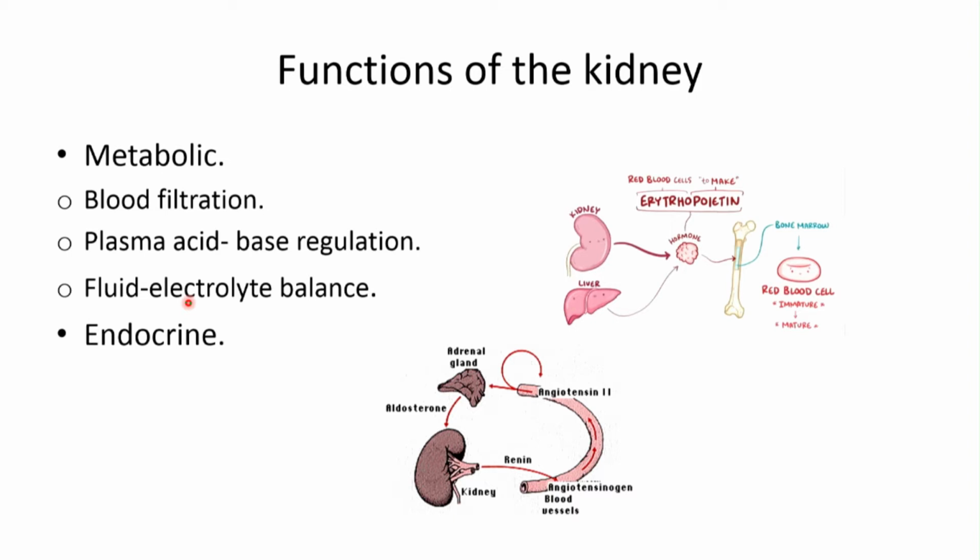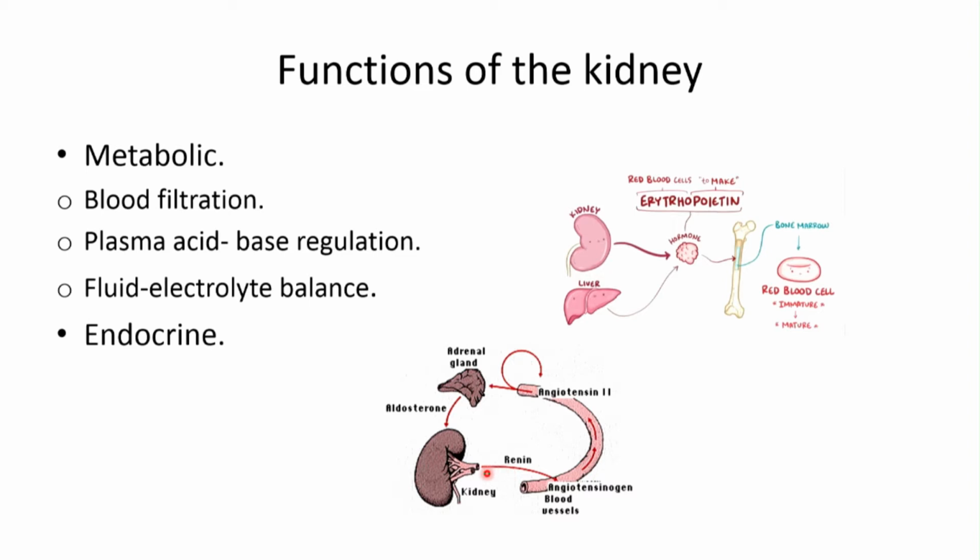The kidney also has an endocrine function, in which there is secretion of the hormone erythropoietin. Erythropoietin stimulates the bone marrow to produce red blood cells, so this is very important. In addition, the kidney secretes renin, which is very important in the regulation of blood pressure.